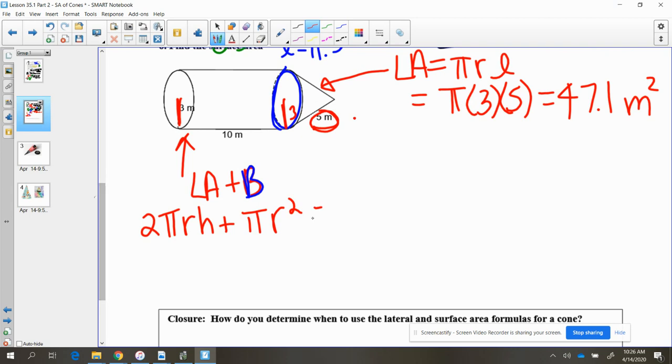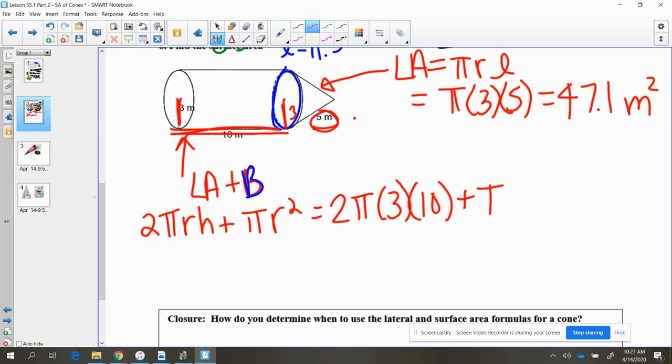So again, the value of the radius, we said, is 3. And then the height here is in reference to the height of the cylinder, which is 10, plus pi times, again, that radius squared.